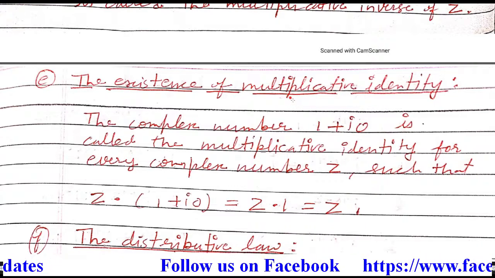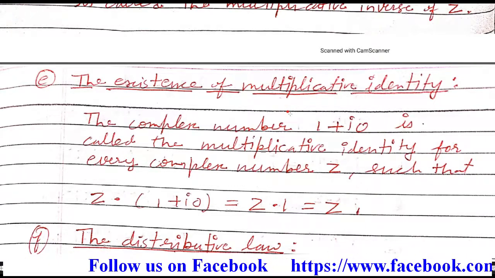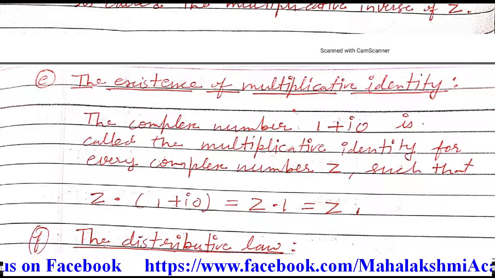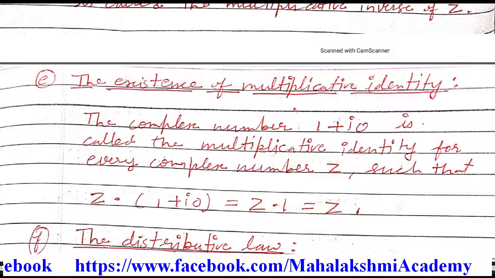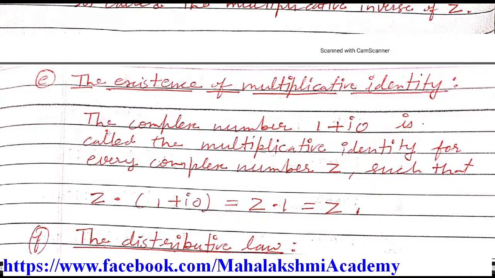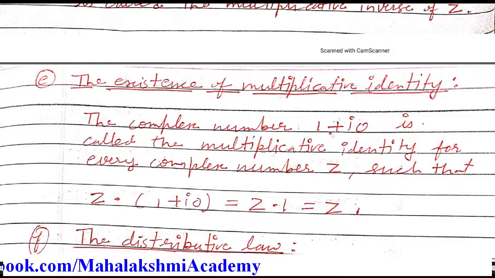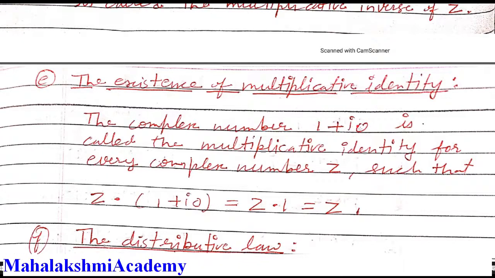In the same way, in complex numbers also 1 is the multiplicative identity. But that 1 we have to write in the form of a complex number. So just see here how to do it: the complex number 1 plus iota 0. If you simplify it, iota multiplied by 0 is 0, so it is only 1. So 1 we wrote in the form of a complex number. So this is the multiplicative identity for complex numbers.